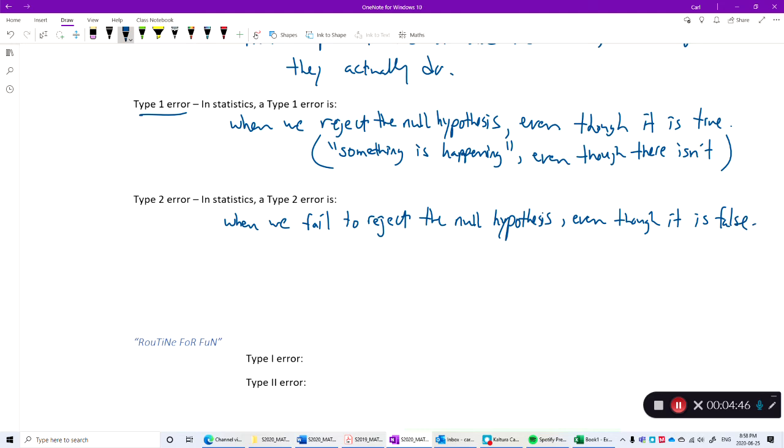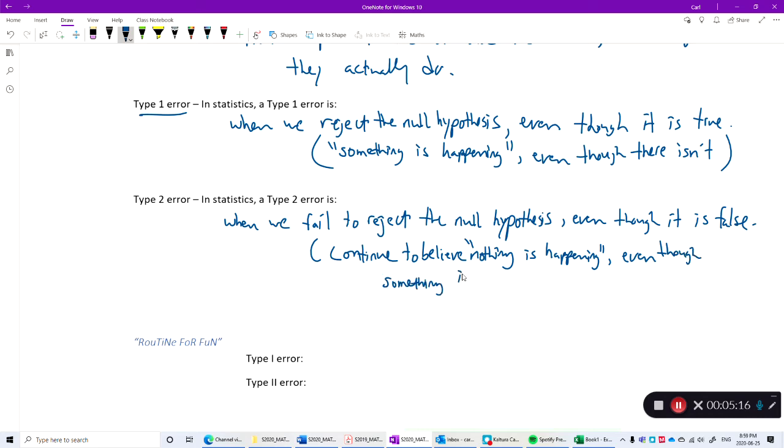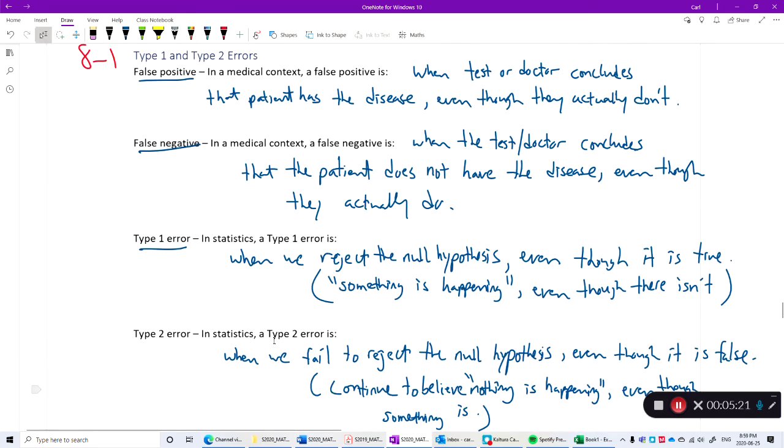It means we continue to believe the null hypothesis. So we continue to believe that nothing is happening, even though something is happening.